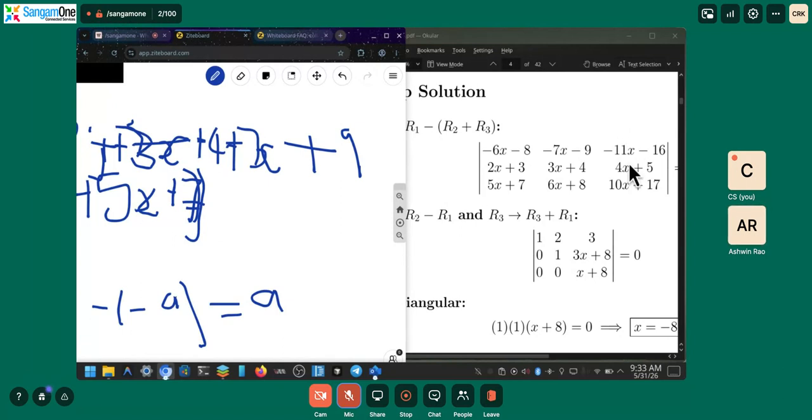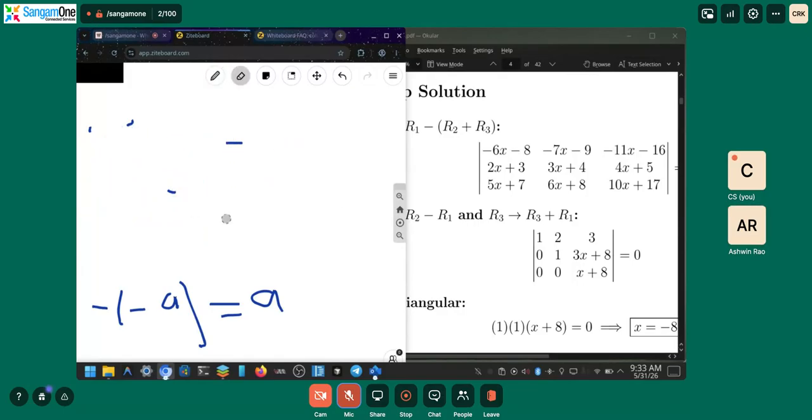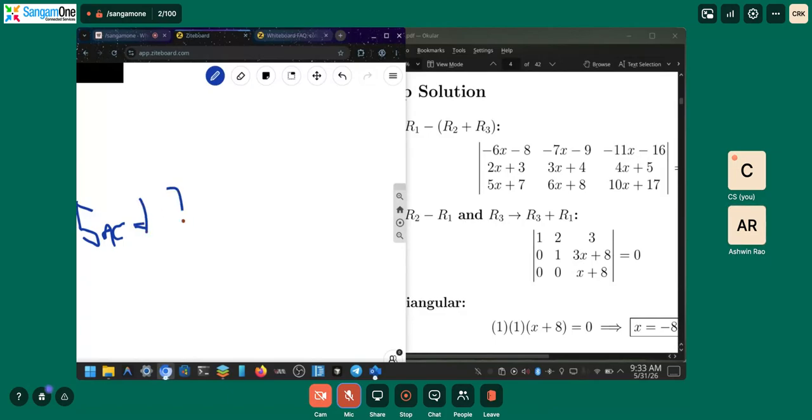We have to operate R2 minus R1. Then for R3 also the same here. 5x, minus, not minus, plus 7, plus R1.